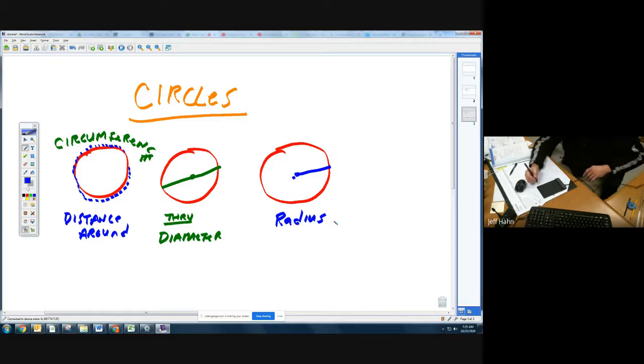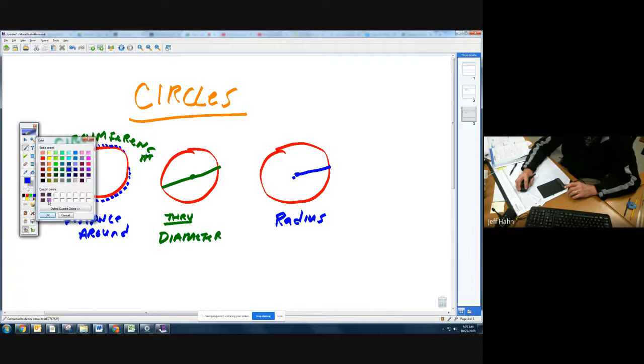And something that's important to remember, that's not very complicated, is this. If you know the diameter, you can also find the radius, and if you know the radius, you can also find the diameter because they are related.